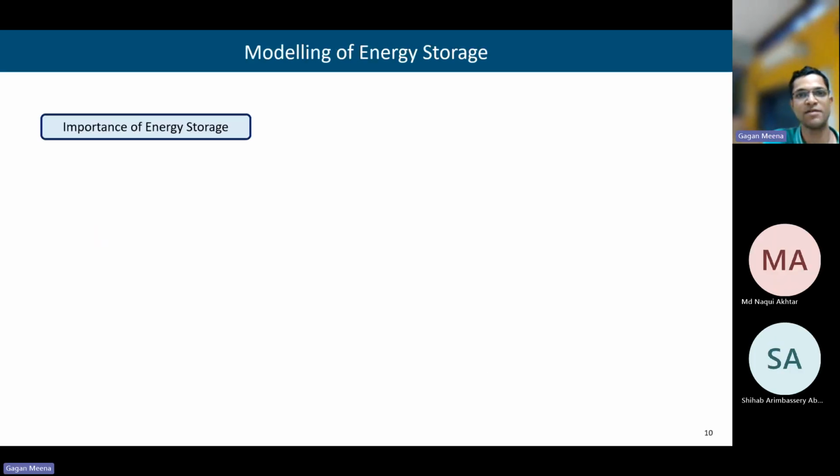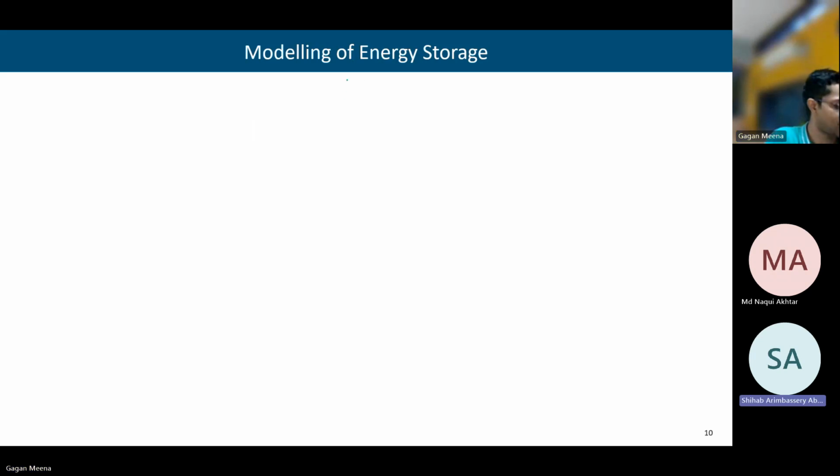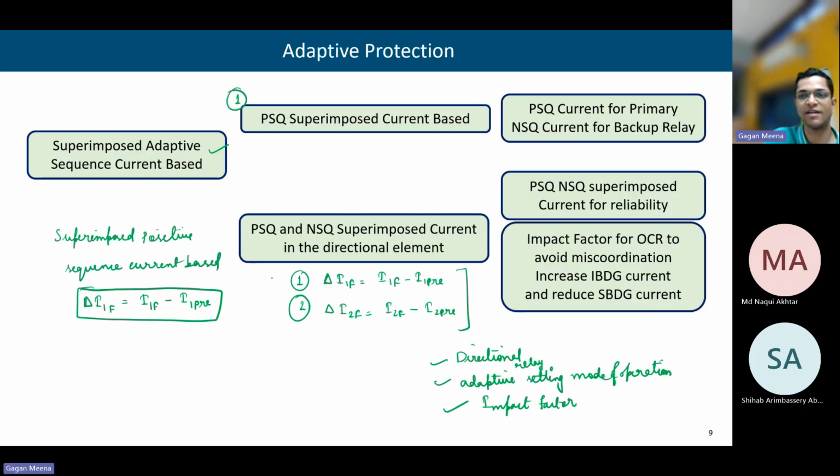The next topic, which was, yes, what's the question? Mode of operation means, here we are referring to grid connected or islanded mode of operation. Because that will change the fault current, the direction of fault current, and even the level of fault current also.